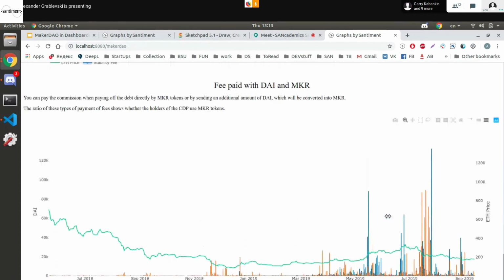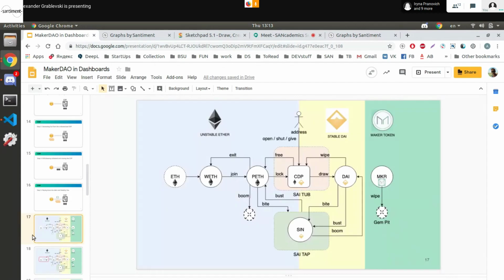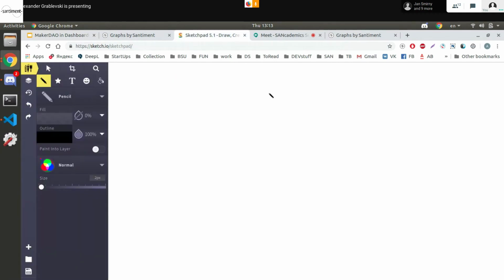Yeah, one more graph: if you paid with Maker or DAI. The thing is, you can pay this fee with Maker token, or you can sell your DAI on Oasis DEX for Maker token and pay it like that.